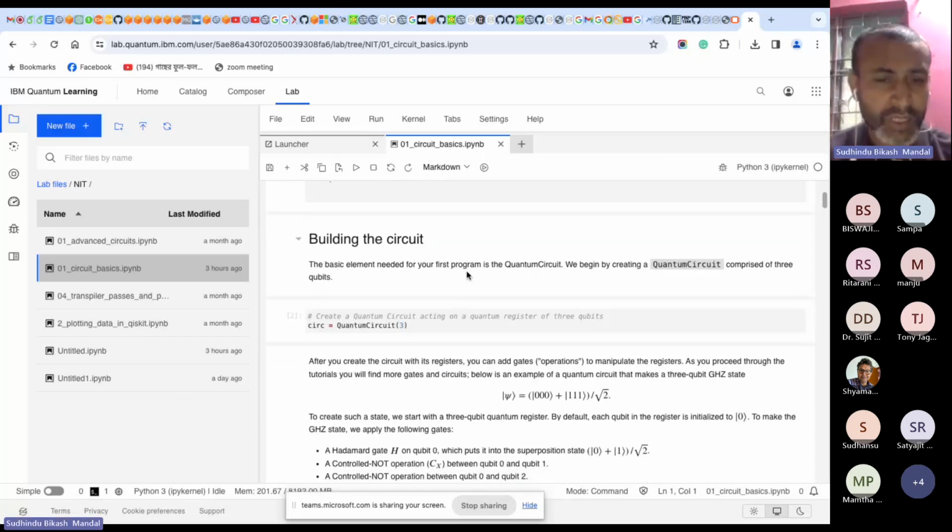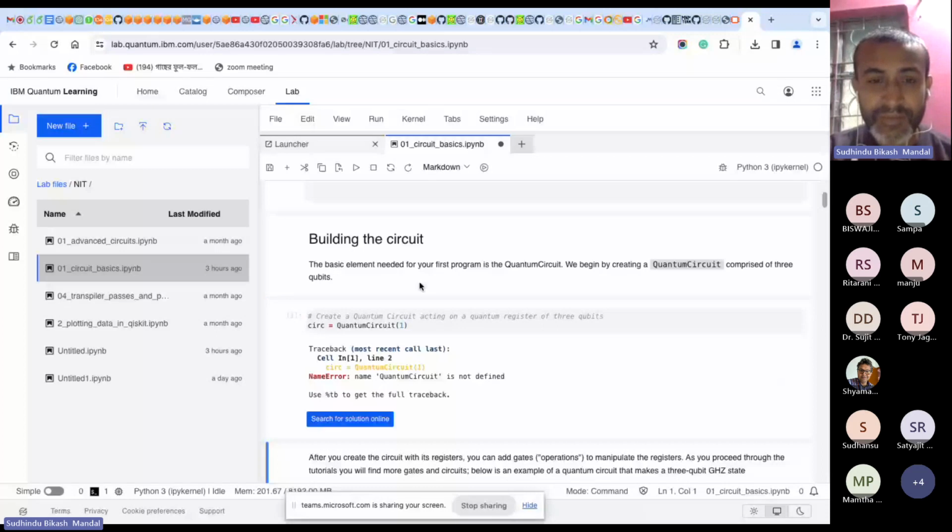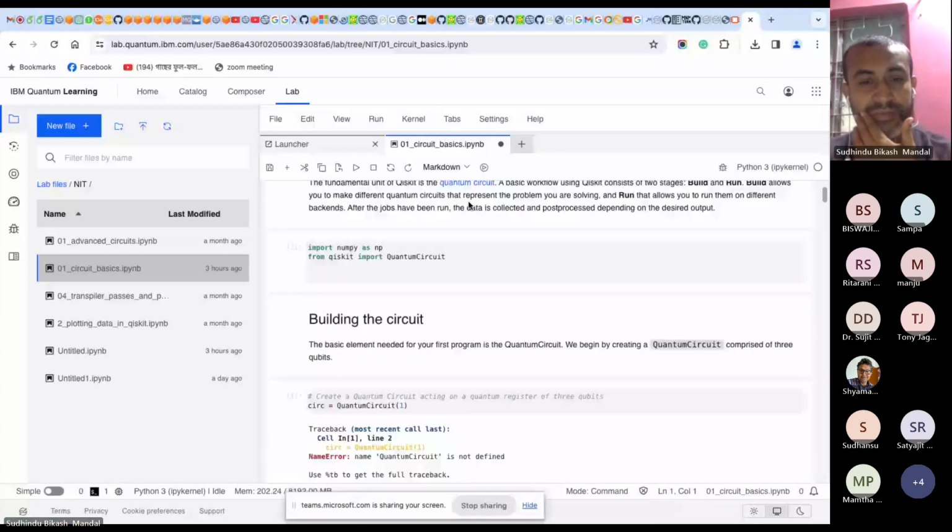Okay. So after importing this quantum circuit, if you want to create a quantum circuit, there is a parameter 3. If I put this parameter 3, that means I want to create a 3 qubit quantum circuit. If I put 1 there, that means I want to create a 1 qubit quantum circuit. Sorry, I'm not executing the first step. Okay, fine.